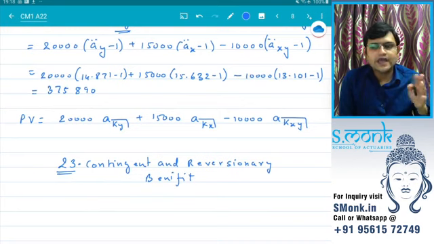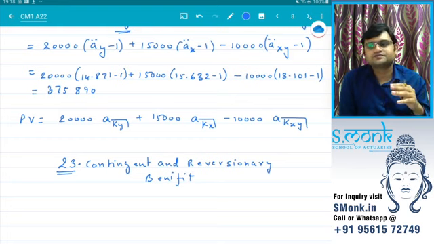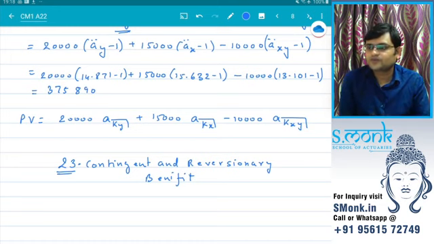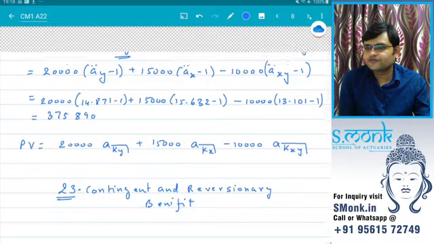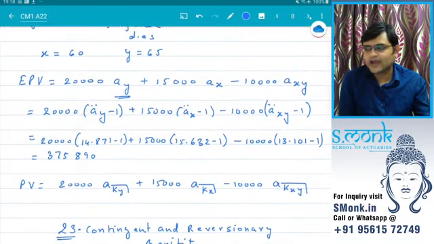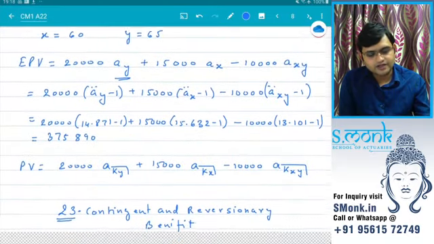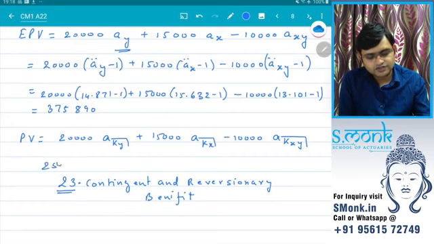Usually reversionary is used for the annuity term. So if I say reversionary annuity, that means I'm giving you annuity every single year, but if something happens, I will change that annuity. Maybe increase it, maybe decrease it, whatever happens. So in this case, we said that 25,000 would be given to joint life.